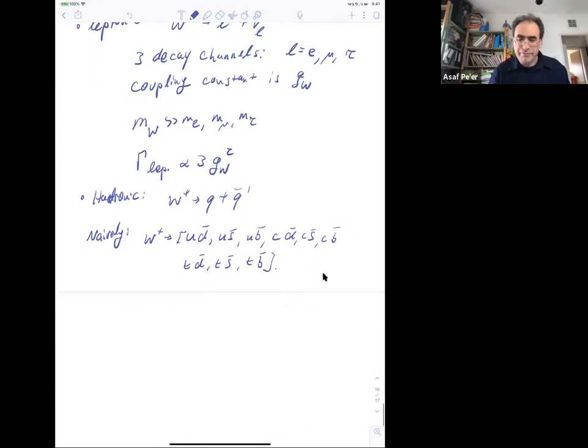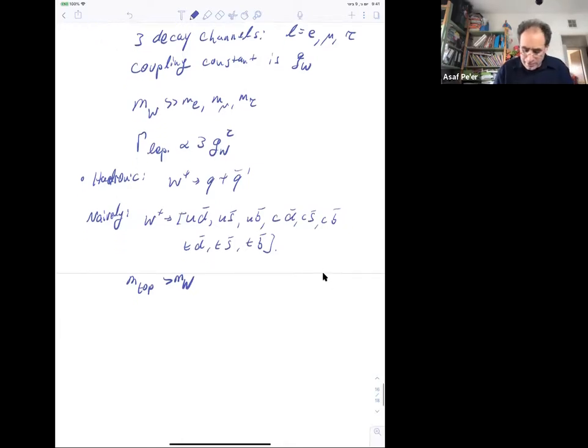Okay, but this is the naive approach. Now again, we look at the masses and we realize that the mass of the top quark is greater than the mass of the W. So the W cannot decay into anything that contains a top quark. For all the other quarks, the mass of the W is much greater than the mass of the Q, if Q is different than top. So again, I can neglect the phase space.